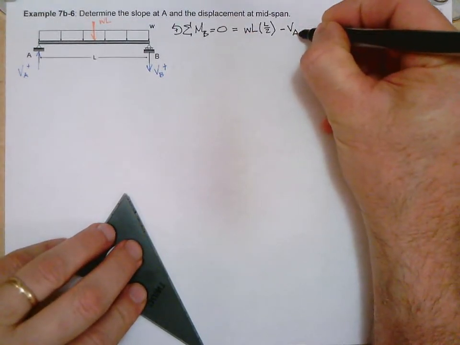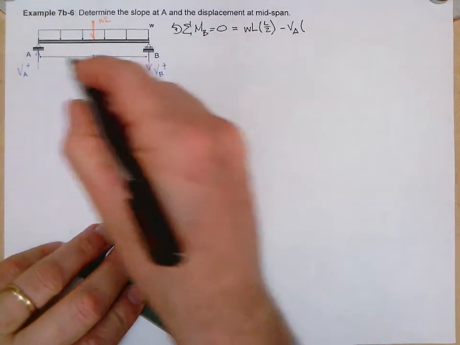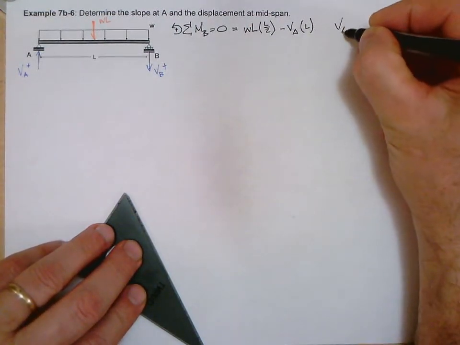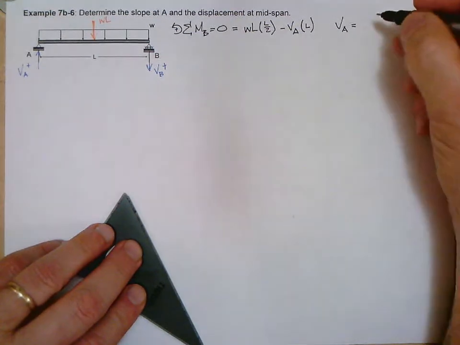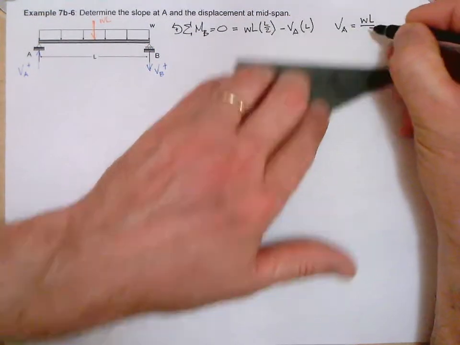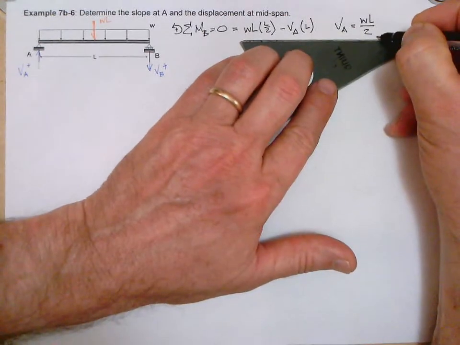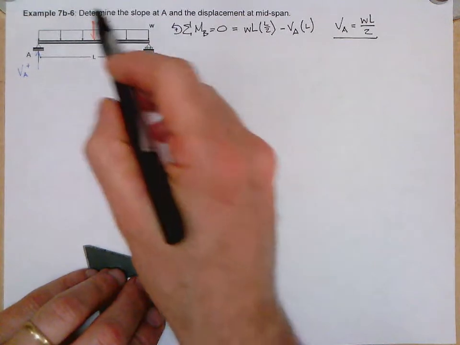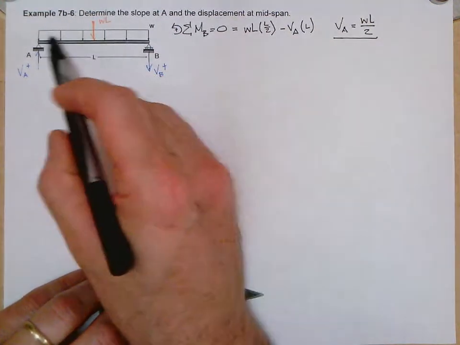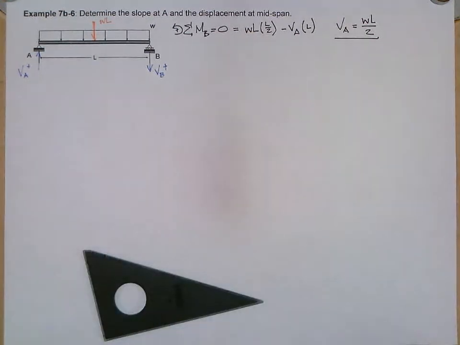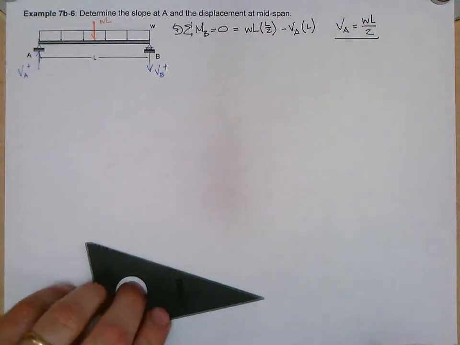So force shear at A, and the distance from B to A is L. So I find the shear at A is simply WL over 2. That shouldn't be too surprising. You notice that the total load is WL, uniform load, so you'd expect that half of that, or WL over 2, be distributed to both sides.